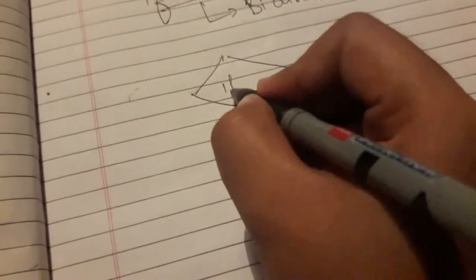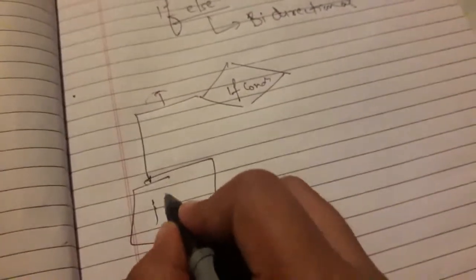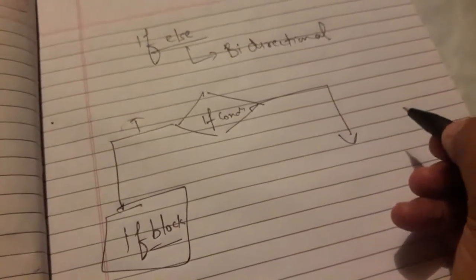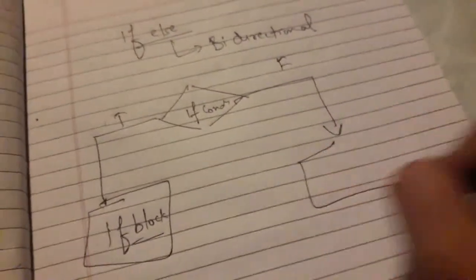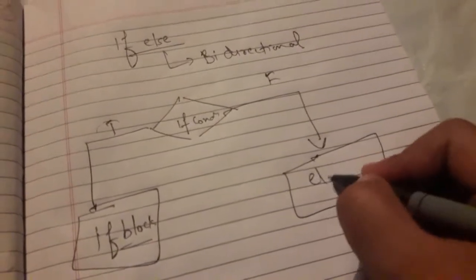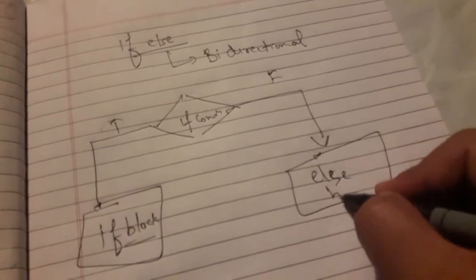So what does bidirectional code do? If the condition is true, then the if block executes, otherwise the else block executes, right?